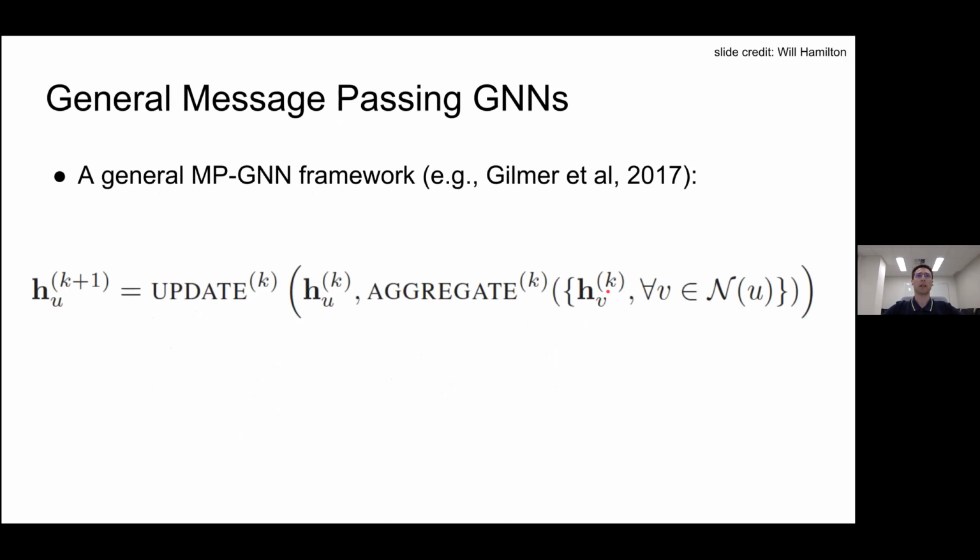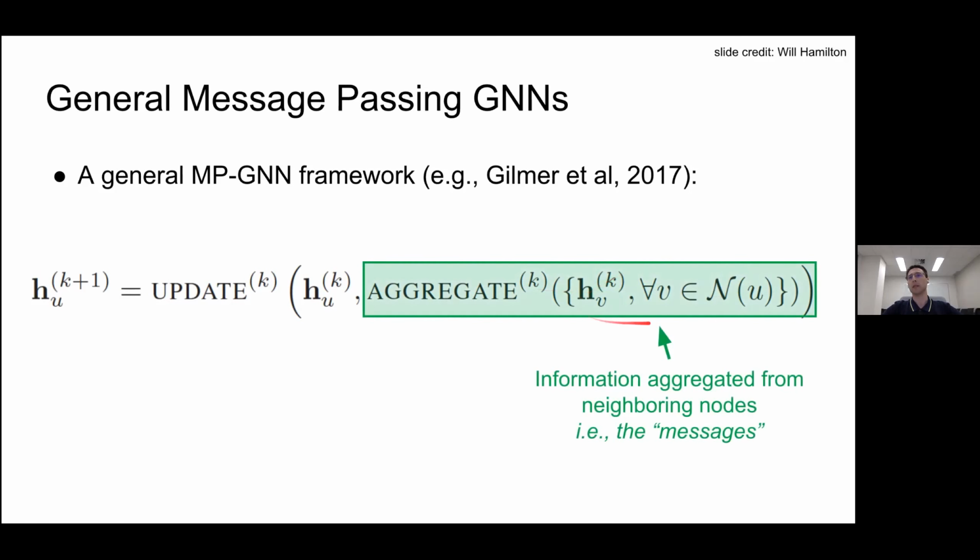So in general, this paradigm is called neural message passing, and follows this standard blueprint of aggregating the messages from the neighborhood of a node in some kind of order invariant fashion, because in graphs we typically don't have ordering.